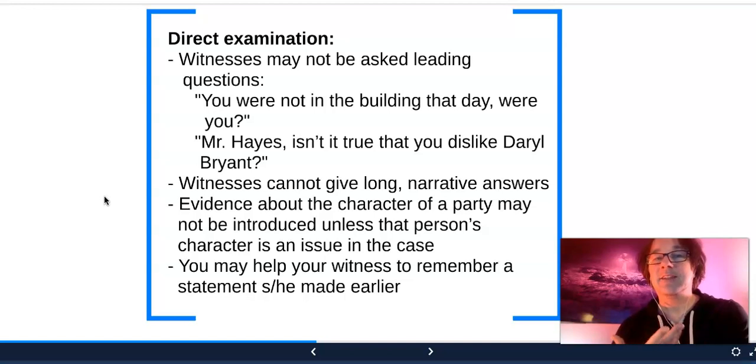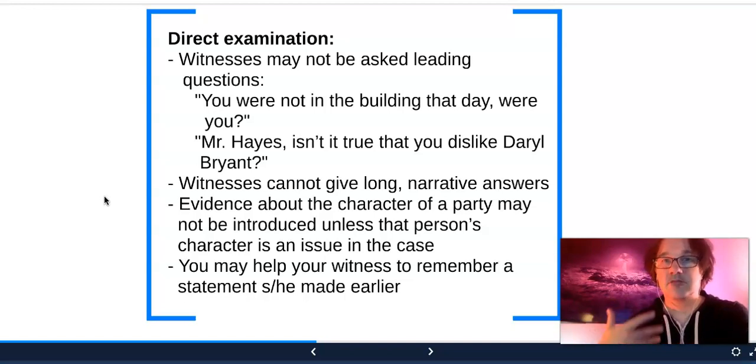Right? You can't ask these types of leading yes or no questions. You have to ask open-ended questions. Also, witnesses can't give long narrative types of answers. They can't go on a tangent. They have to give succinct, short, clear, to the point answers to your questions.